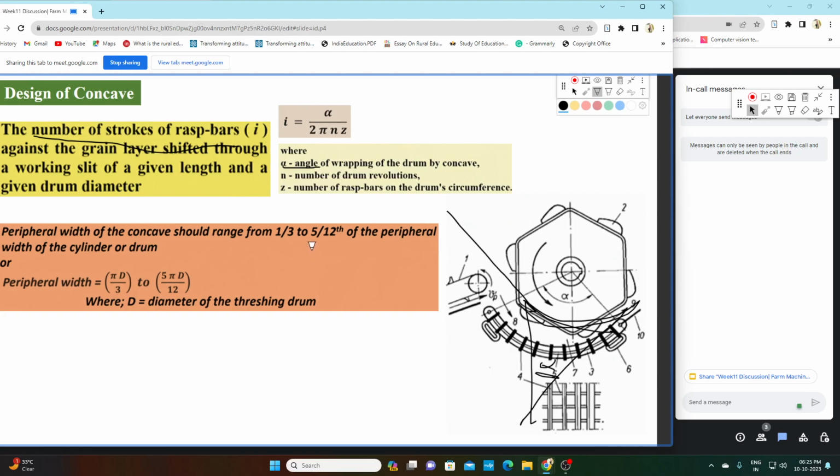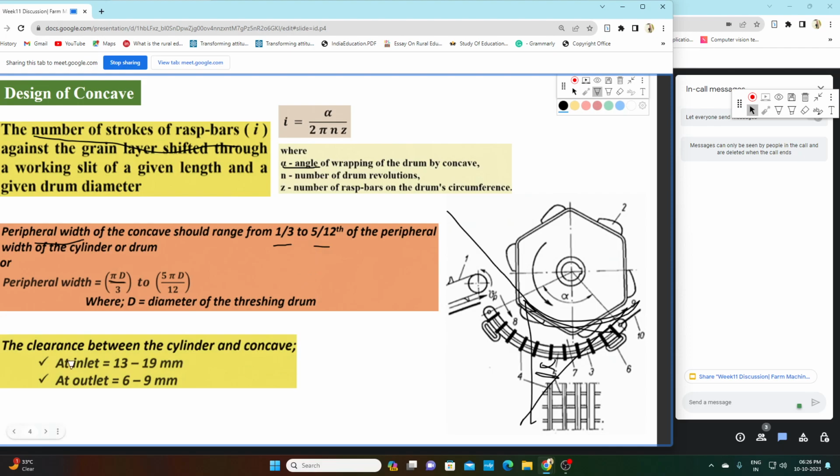According to standards, the peripheral width of the concave should range from 1/3 to 5/12 of the peripheral width of the cylinder drum, that is, 1/3 πD to 5/12 πD. πD is the circumference of this rotating drum, and the peripheral width of the concave should range from 1/3 to 5/12 of it. So this is the second design parameter.